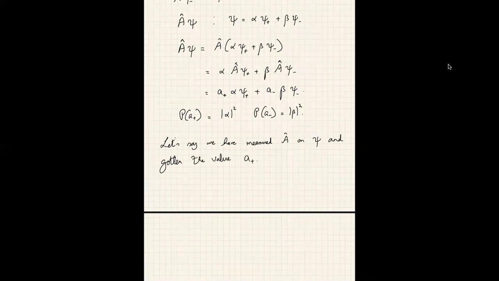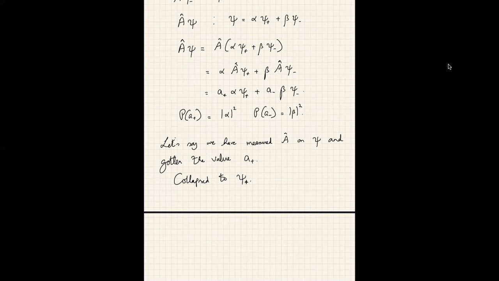So this means that the state of the system immediately after measurement has collapsed to that particular eigenfunction psi plus. So the state of the system right now is not psi but psi plus.